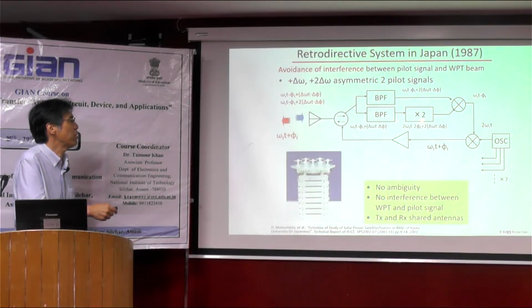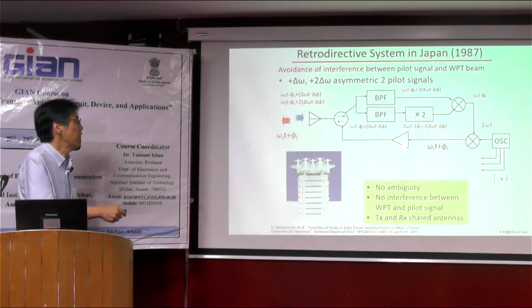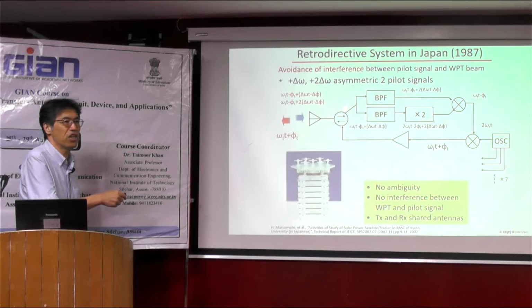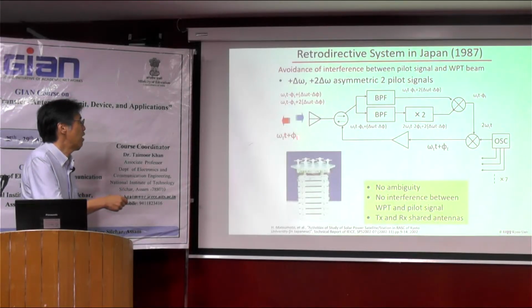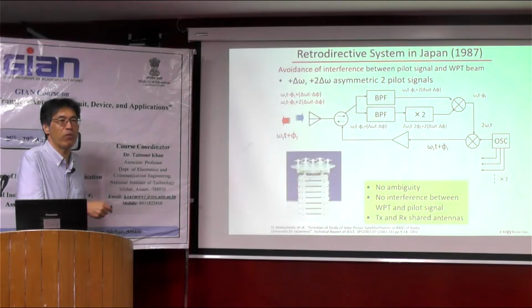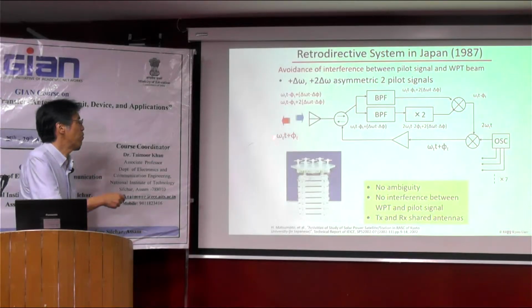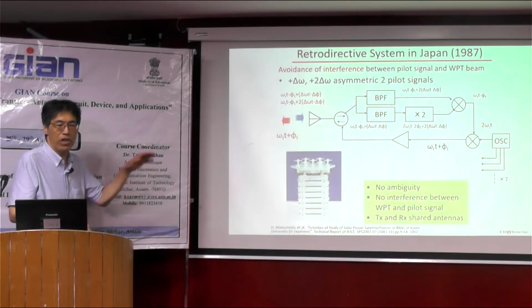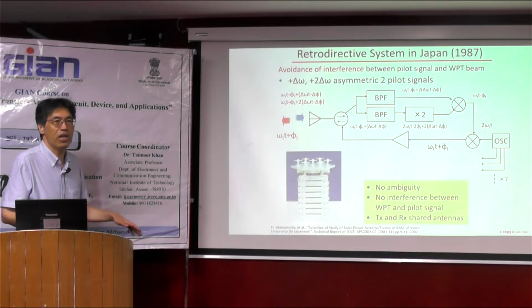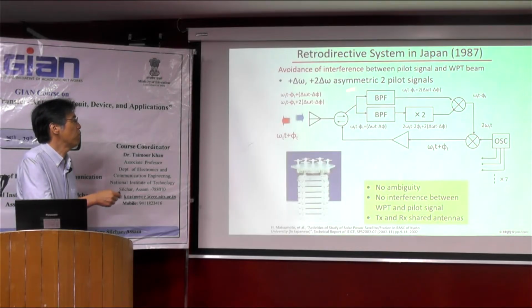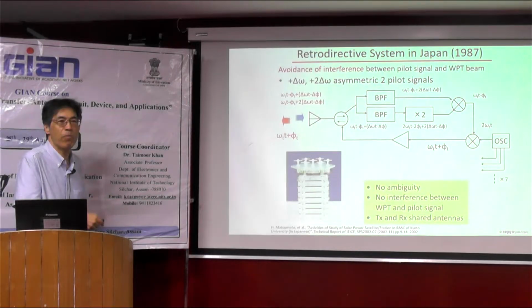And with the help of the frequency doubler or double mixer, at last, we get from the minus theta phase difference in each antenna as an incoming signal to the plus theta as a microwave power. So in this case, the pilot signal frequencies are different from the microwave power. So we can suppress the interference between the pilot signal and the high-power microwave.